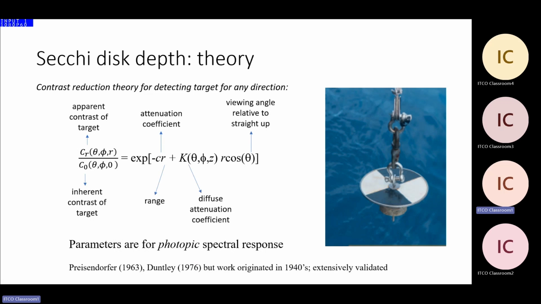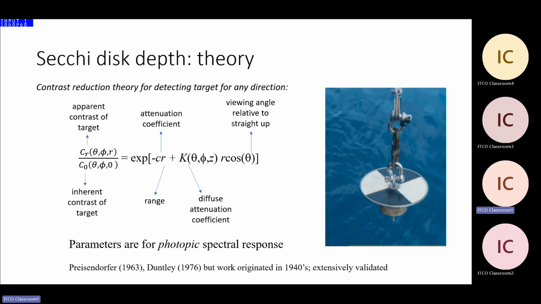Secchi disk comes from Secchi, an Italian scientist from the late 19th century. But this is the core theory, which is contrast reduction theory. And this can actually be used to determine visibility range for a target in any direction.